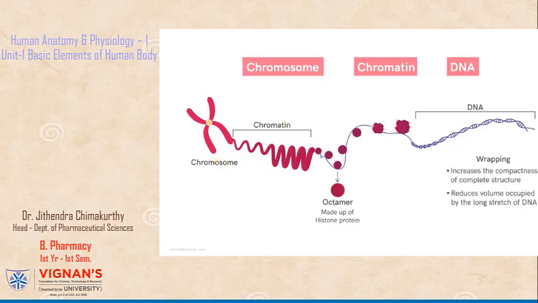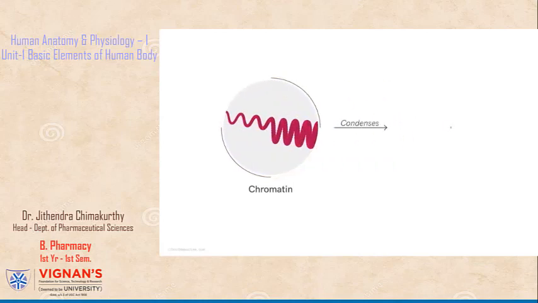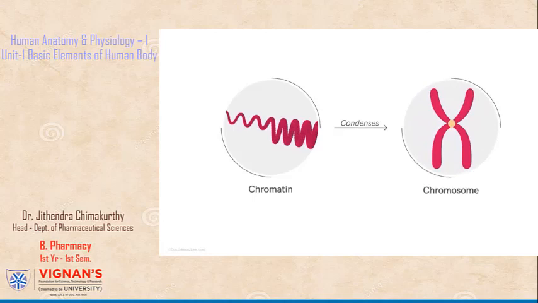Technically, yes. The only difference is that the chromatin structure is generally found in a metabolically active cell in the form of tangled threads, while the same threads condense to form the classical higher order structure of chromosomes. So we can say that the DNA with histone proteins makes up the chromatin, while the same chromatin condenses to form chromosomes.